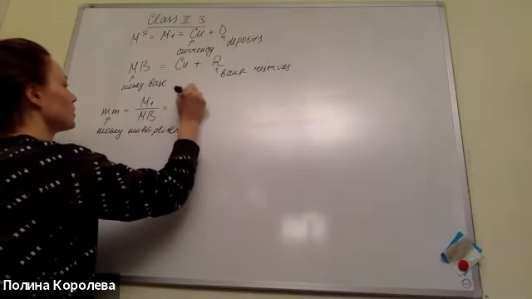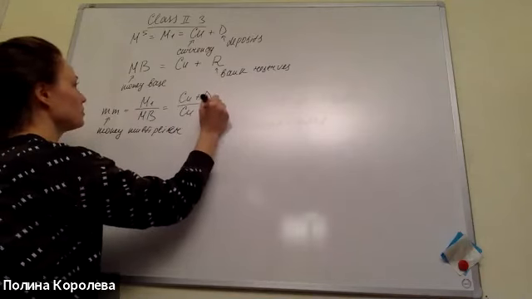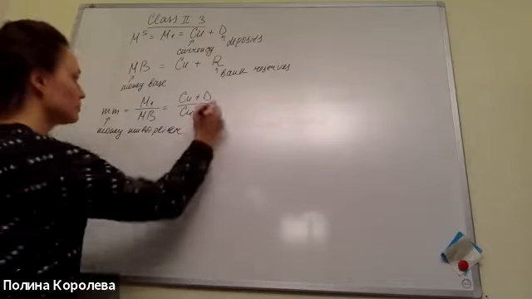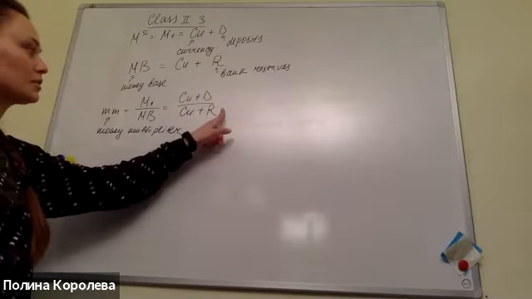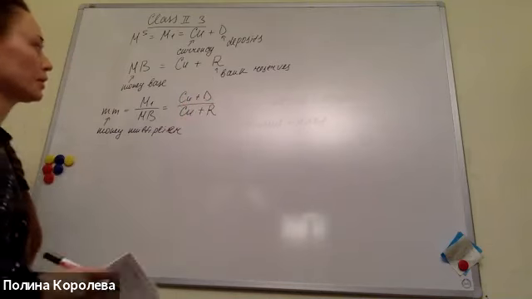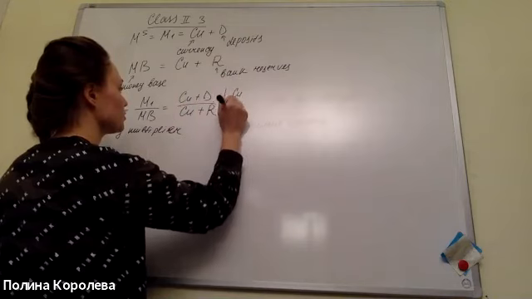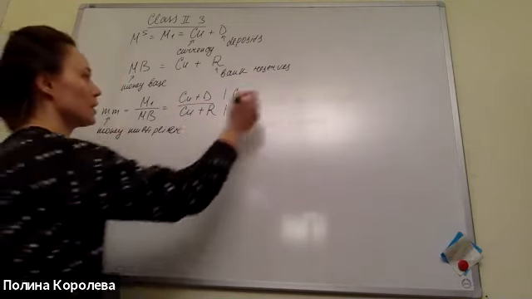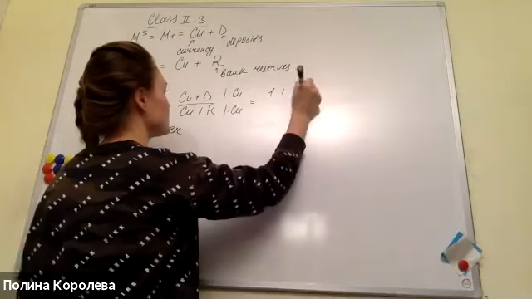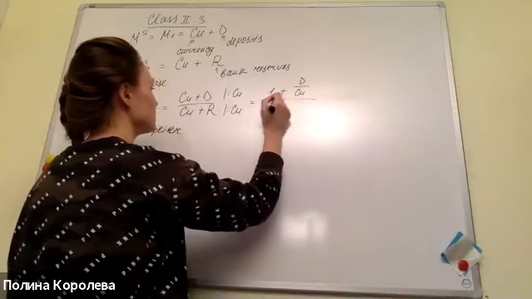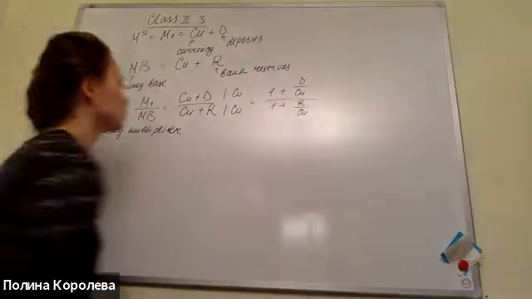So we divide currency plus deposits by currency plus reserves. Also, we can divide numerator and denominator by currency. Here we will have 1 plus D over currency, and here 1 plus R over currency.